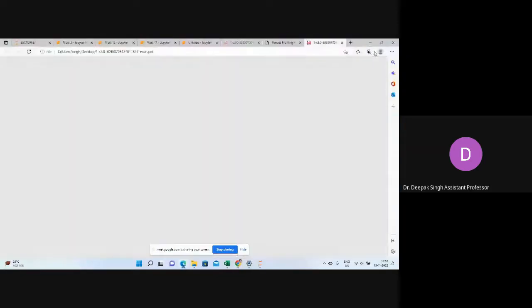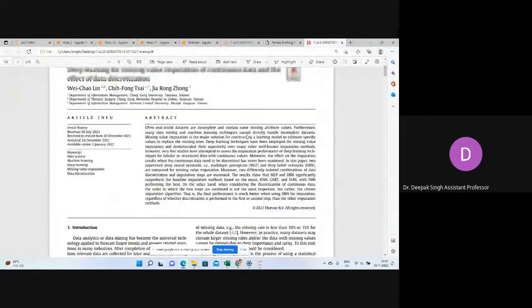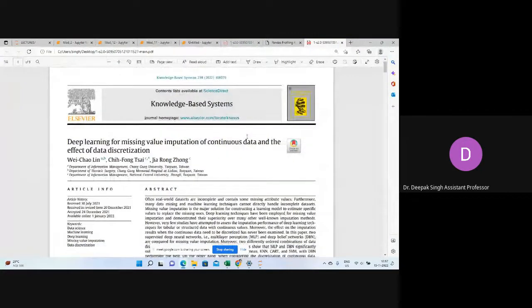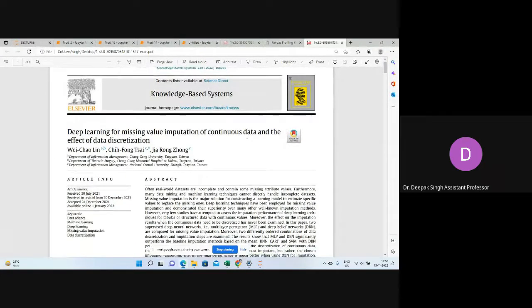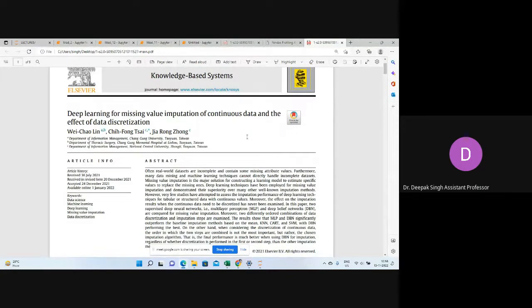I was talking about this article, which is your deep learning for missing value imputation of continuous data and the effect of data discretization. From the title itself, you can understand that it's basically dedicated towards missing value imputation, that too for continuous data.